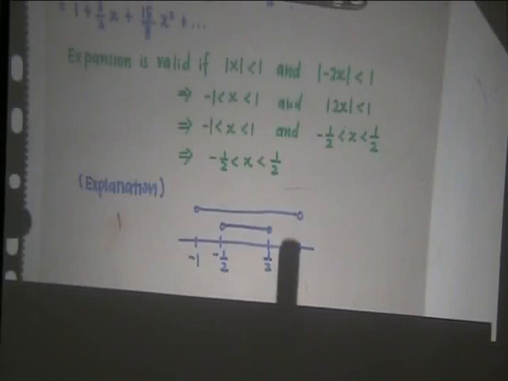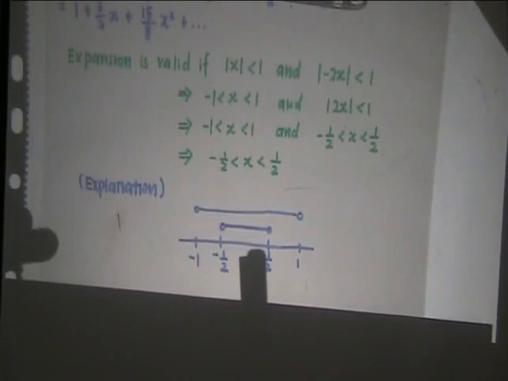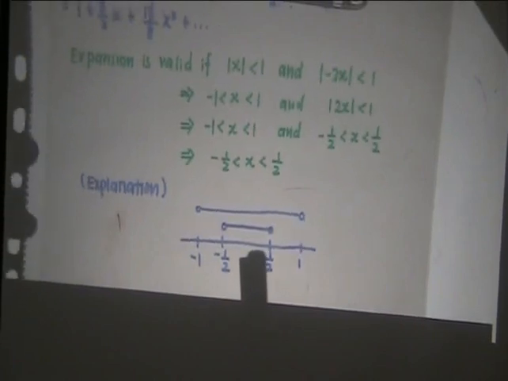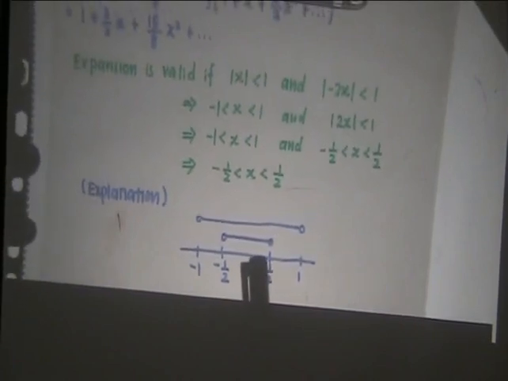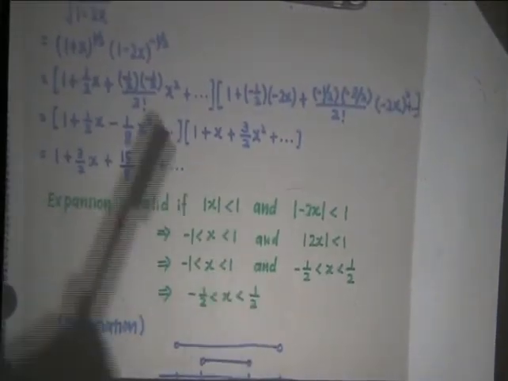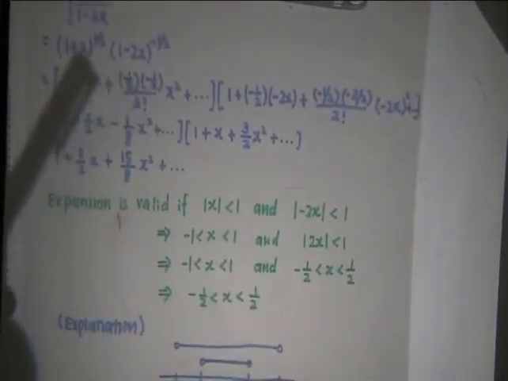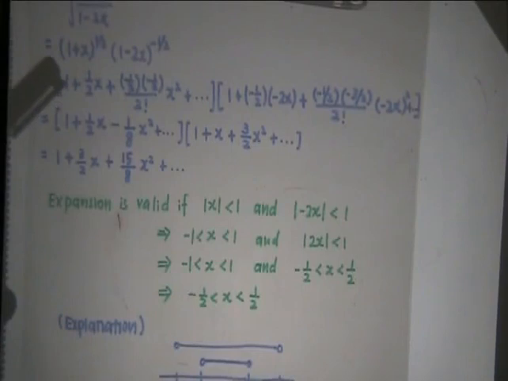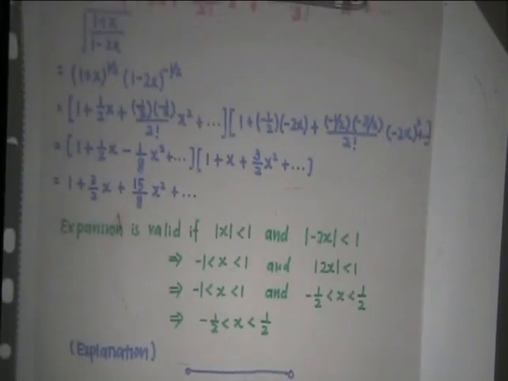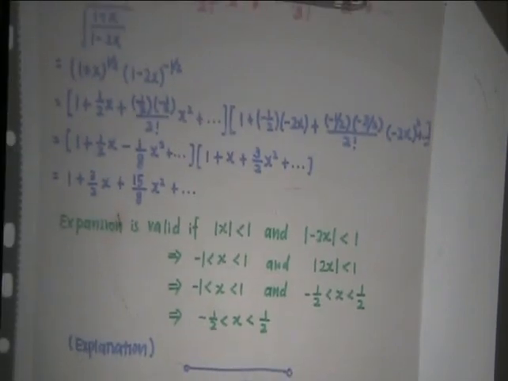This interval would ensure that the second expansion is valid as well as the first expansion. So we take the intersection to ensure that the entire expansion will be valid. Is that clear? If that is clear, we move on to example 6.